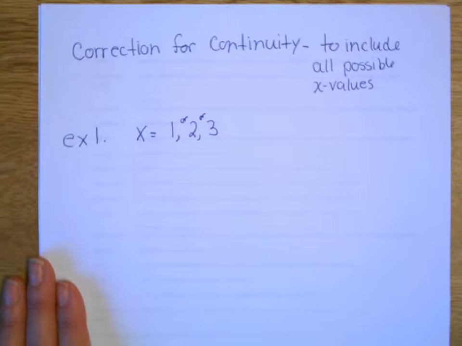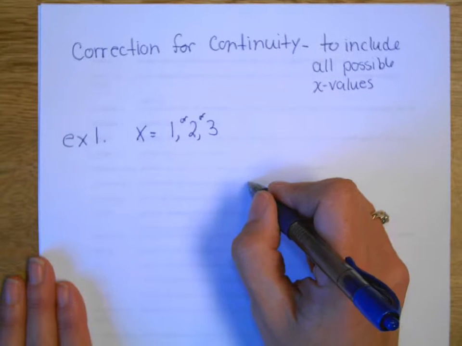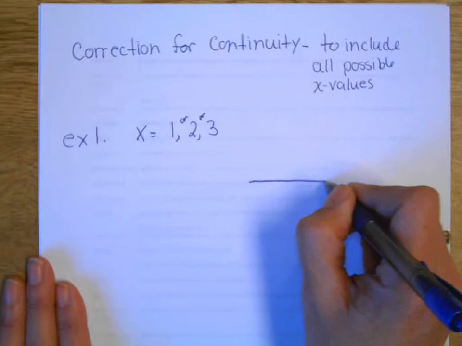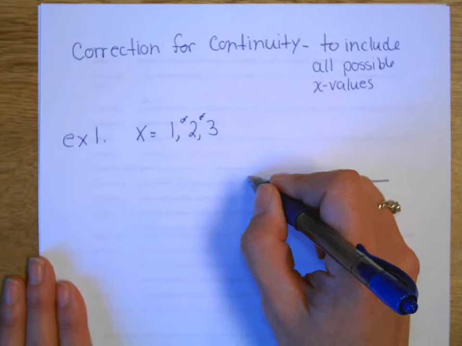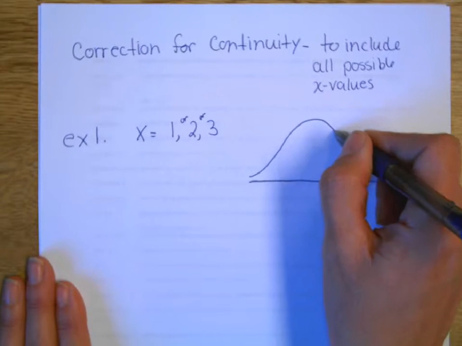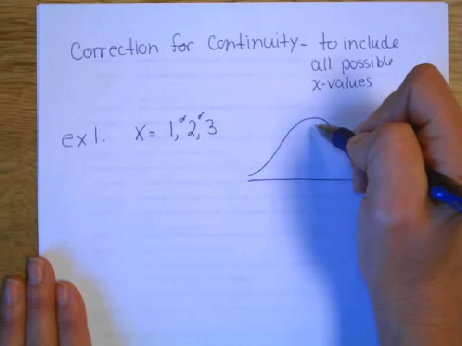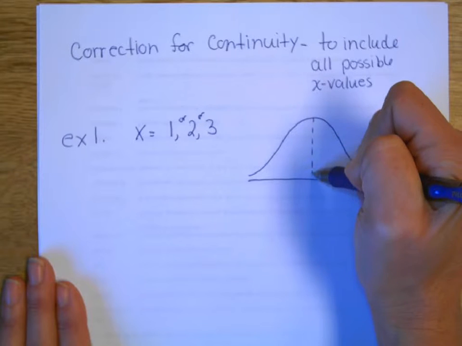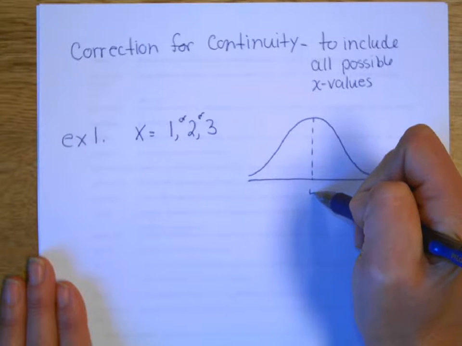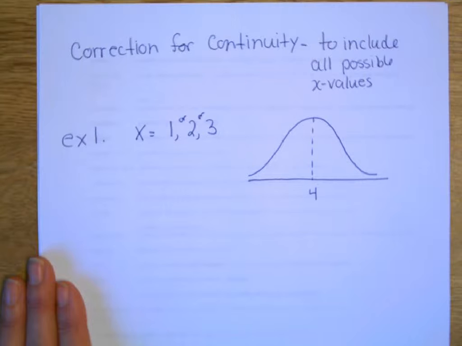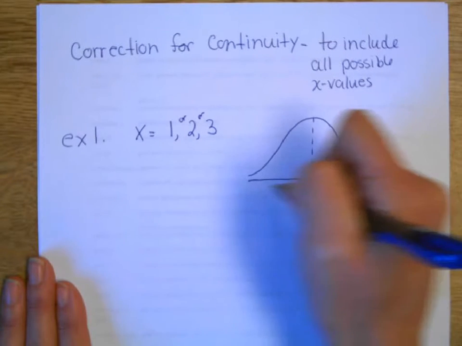Now, on a normal distribution, let's say my mean was 4. And this is a number line down here.